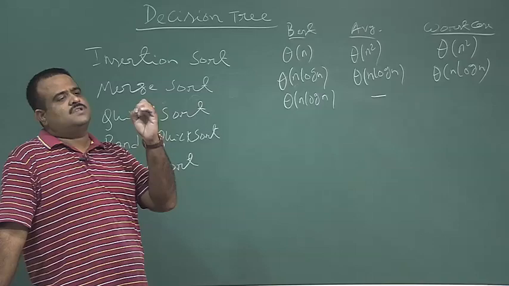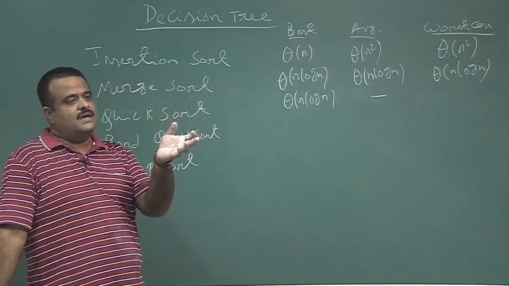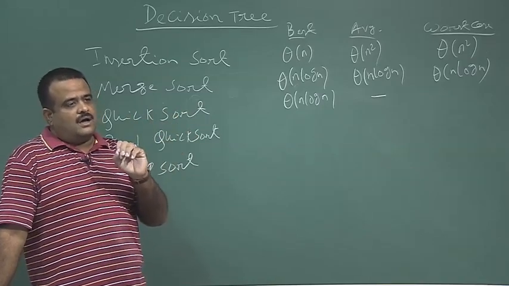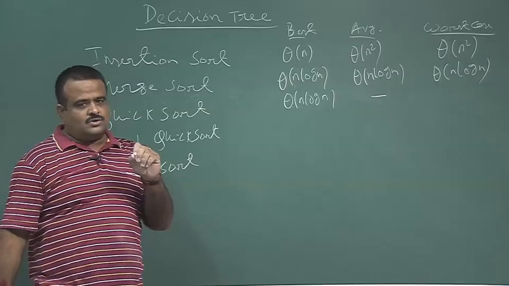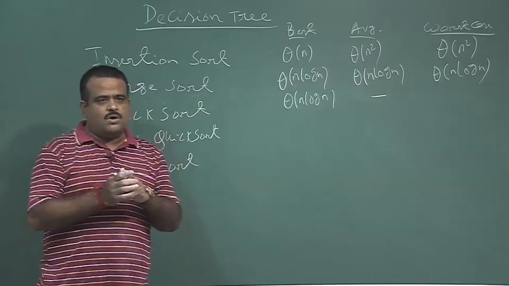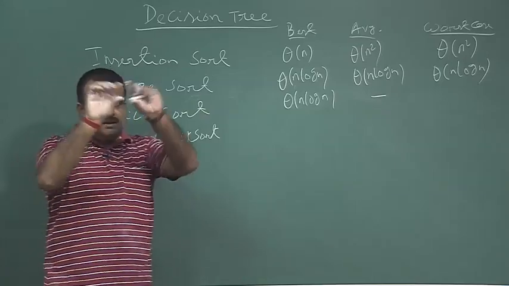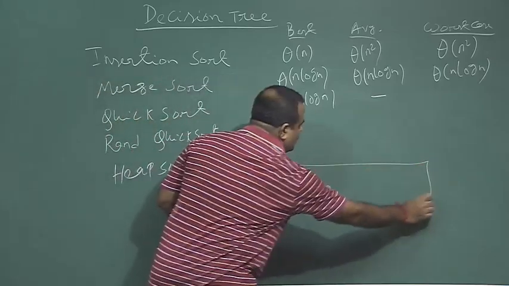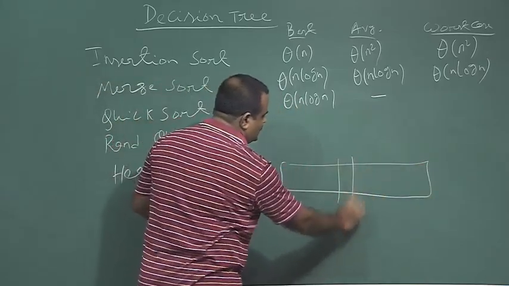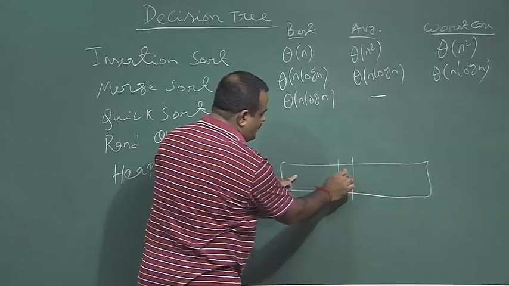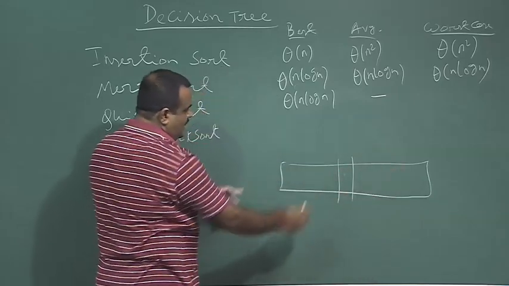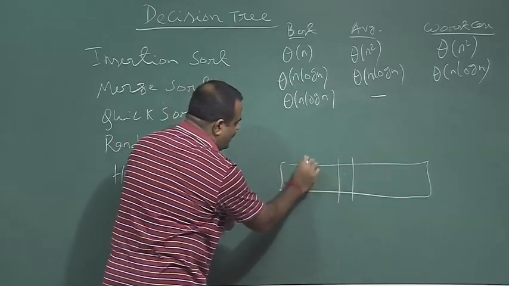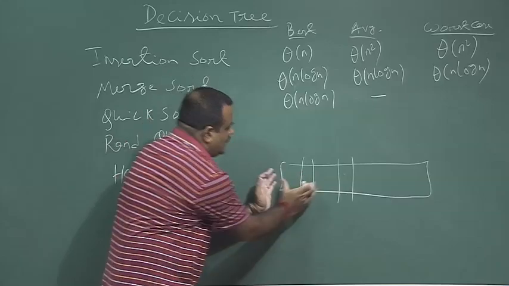Even if we choose the pivot as another element, say the middle element of the array, the n by 2th element, we can always construct an input where we put the minimum one in the middle. For this array, this is n by 2, we put the minimum one here. Again we come to this sub array, we put the minimum one among this here.